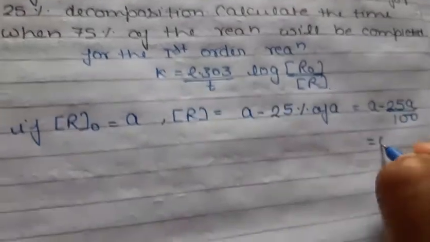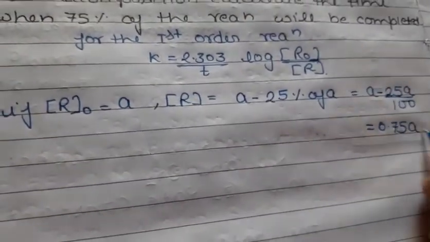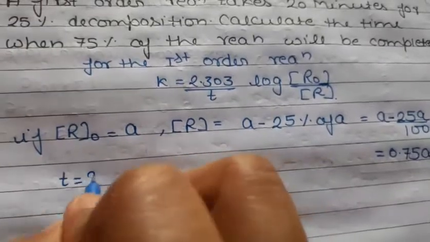What we get is 0.75a, and the time given is 20 minutes.